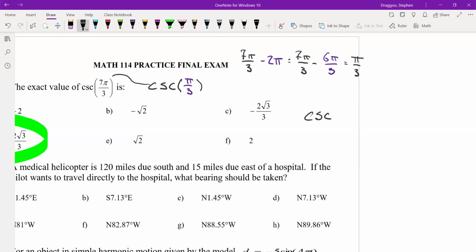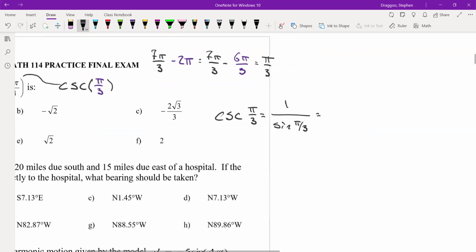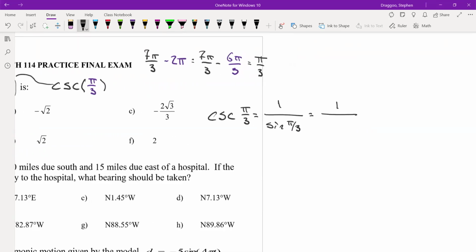The way I'd go about that: start with cosecant of pi over 3, which is equal to 1 over sine of pi over 3, which in turn is 1 over root 3 over 2, which is just the reciprocal of root 3 over 2, or 2 over root 3.